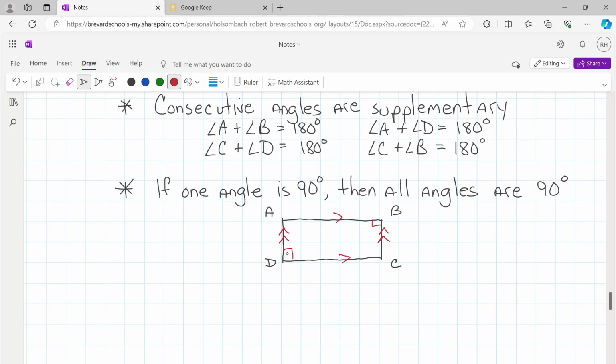And if angle D is 90 degrees, by the rule that states consecutive angles are supplementary, well, if D is 90, then A has to be 90 as well, because they sum to 180. And then back to opposite angles are congruent. If angle A is 90, then angle C is also 90.